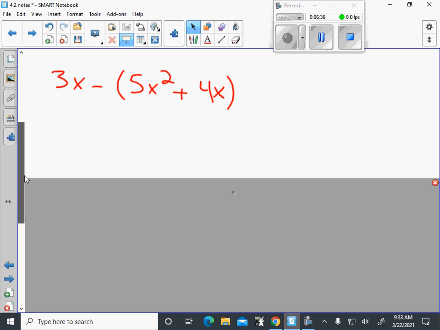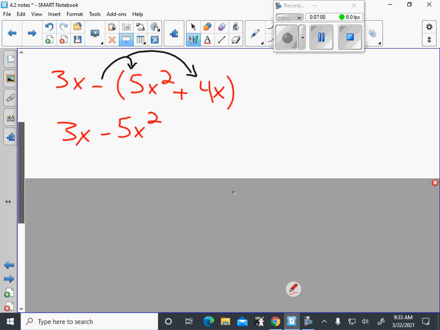Here's where we have to be careful. Why do we have to be careful? Because this minus is in front of the parentheses, and we have to distribute that minus to both things in the parentheses. Nothing changes with that 3x. That just falls down, 3x. But when I distribute that minus, that positive 5x squared becomes a minus 5x squared, and the positive 4x becomes a minus 4x.